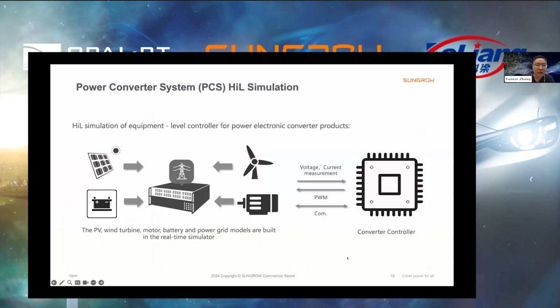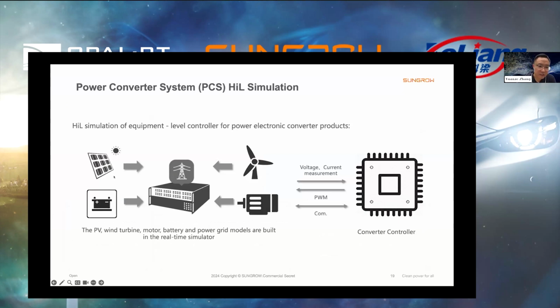What we use hardware-in-the-loop for testing, we mainly use for two types of tests. The first is individual converter controller test. So we have PV converters, energy storage converters, wind power converters, and also EV drive units.